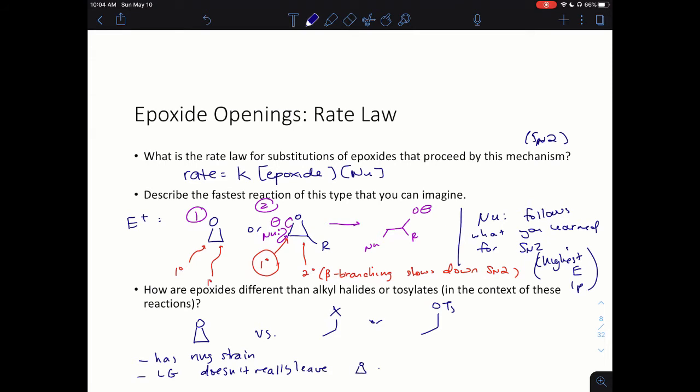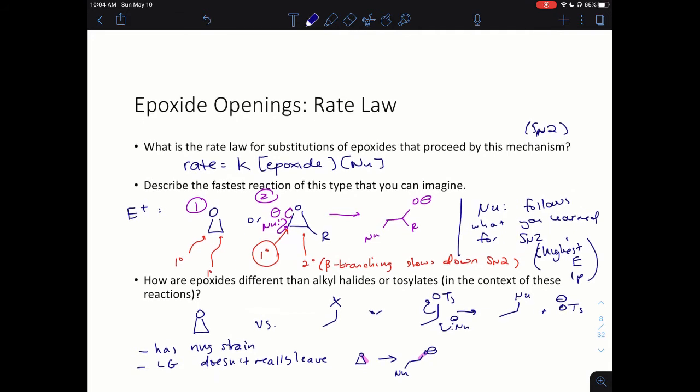We go from the epoxide to having the leaving group still as part of the molecule because that bond didn't break. Whereas for, say, a tosylate, you would have a nucleophile attack, the tosylate leaves, and you have a substitution product and the tosylate leaving. So that's a difference for sure.